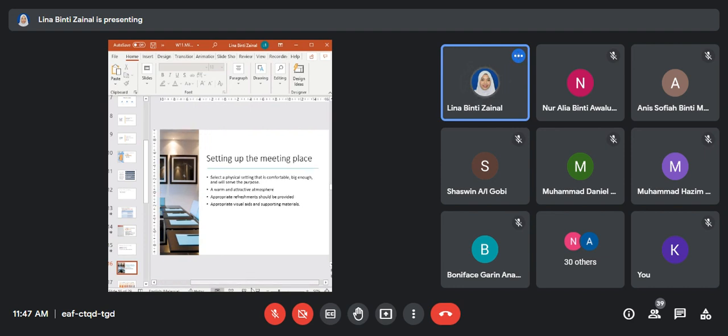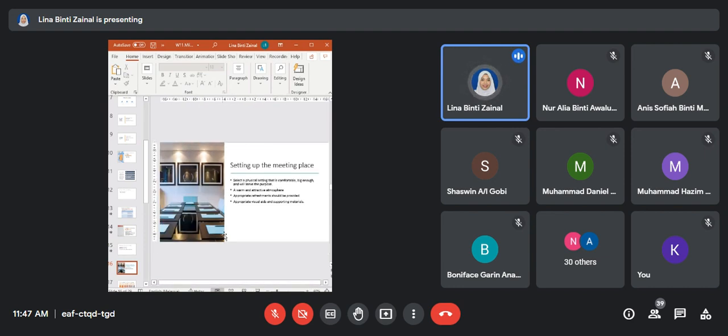Okay, setting up the meeting. Because this is during a pandemic, it is impossible for us to have a physical meeting, right? But if you have the chance in the future to have a physical meeting, this is how it looks like. You kena duduk dekat this oval table here. But currently, it is during the pandemic and the news is not memberangsangkan.